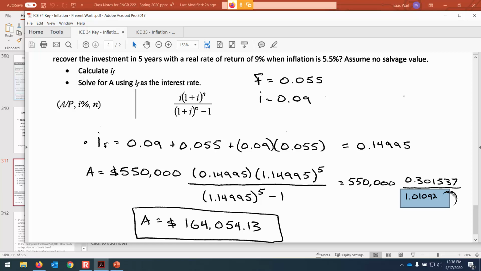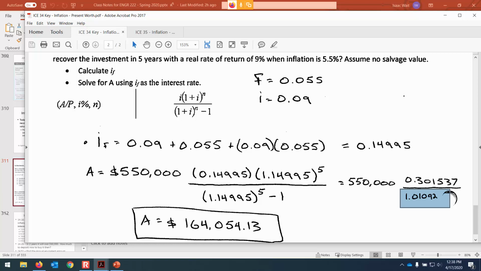So if you have that much coming in, then the effect of inflation, the fact that the dollars you're earning are less valuable than the dollars you spent to put the equipment into service, has been factored in, as well as the rate of return that you hope to achieve.